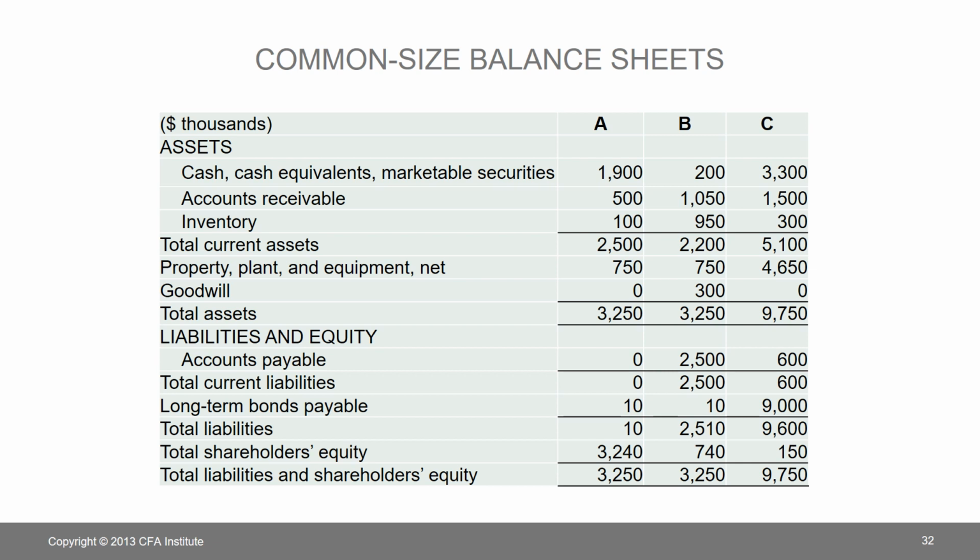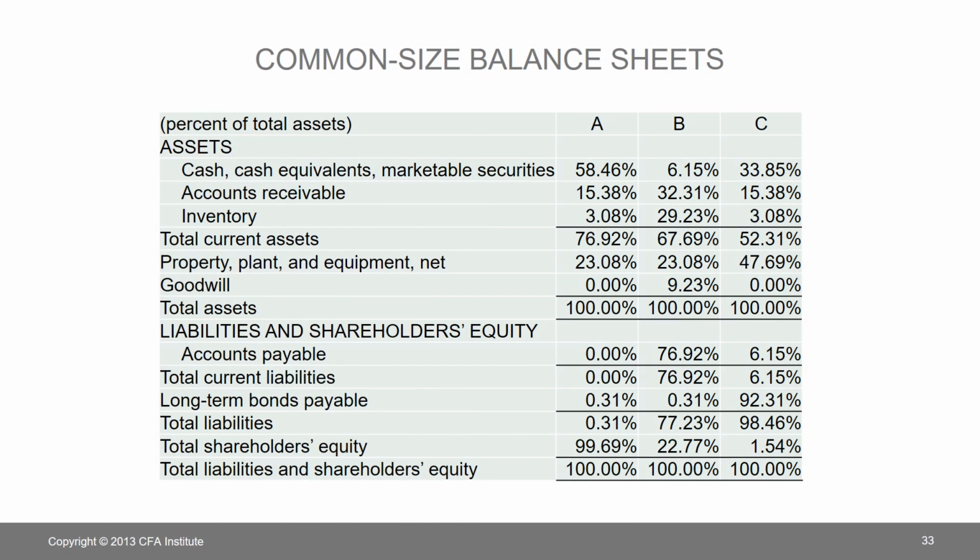Remember that common size balance sheets help us eliminate the effect of size, or the size difference between the different companies that we are comparing. So after we transform the data given in the previous slide into a common size balance sheet, we get the information that you see in front of you. And we begin our analysis by looking at liquidity.